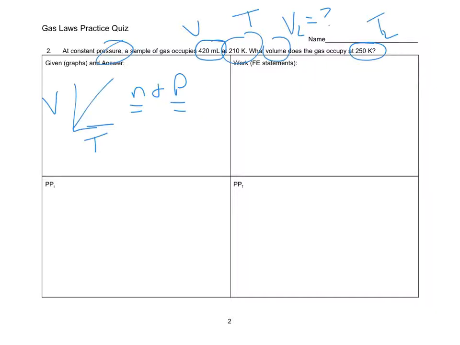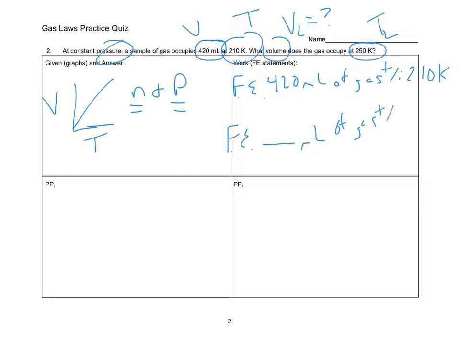For every 420 milliliters of gas, there is 210 Kelvin. And on the other side, for every blank milliliters of gas, there is 250 Kelvin. So we want to know, if the T goes up, then the V goes up.